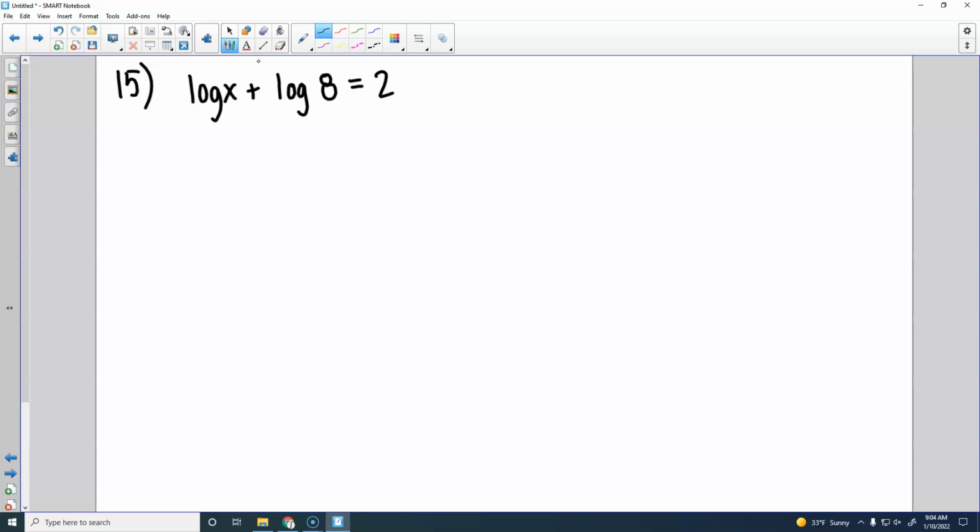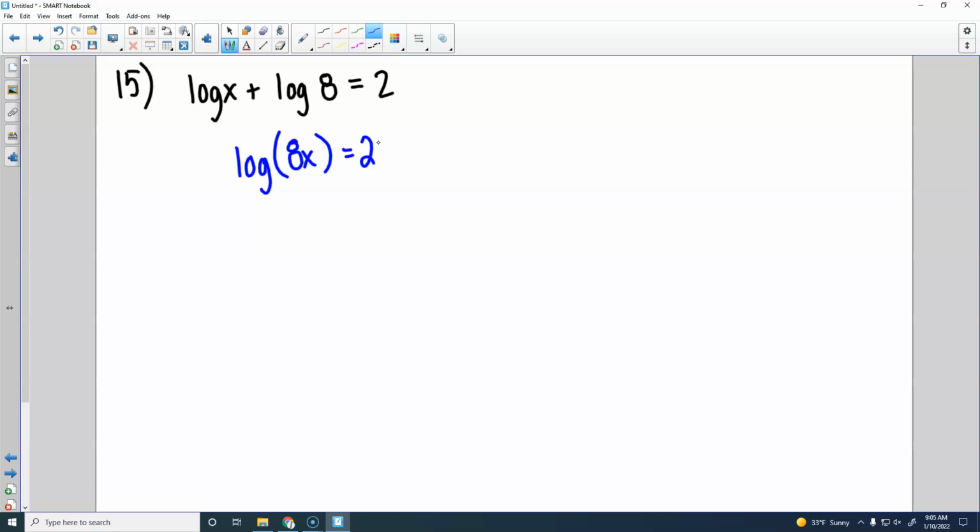Perfect. So here's where we'll start bringing in some of those log properties that we were doing on Friday. So log x plus log 8 can be written as log of 8x. We can combine them using those properties of logs that tell us if we got two things added, we can put them together with multiplication.